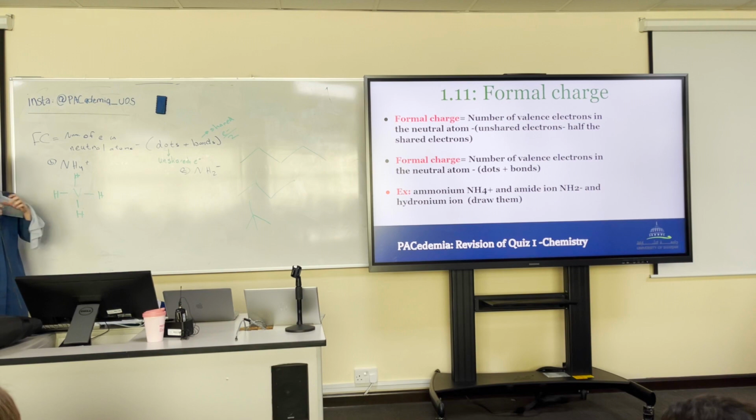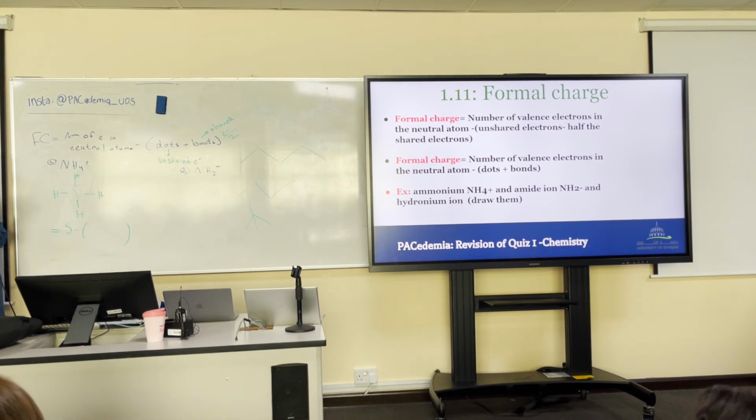How can we calculate the formal charge for the nitrogen? First, what is the number of valence electrons of this nitrogen when it has 0 charge, meaning it is a neutral atom? 5 minus. When you draw the Lewis structure, look at it.